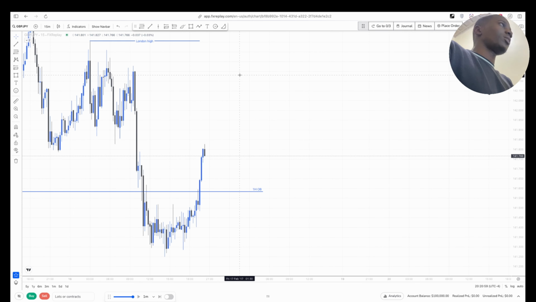Okay, is it 2 yet? It's not yet 2, but 2 will be somewhere here. But we can't ignore these moves, because these moves are happening in Asian session.